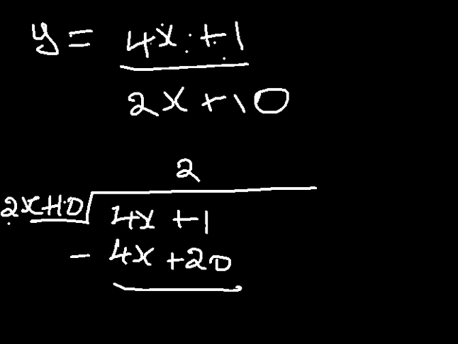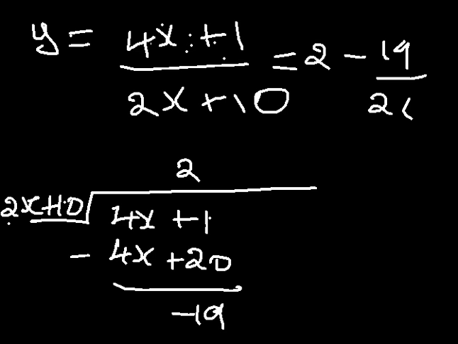Now 4x minus 4x is given as 0, and 1 minus 20, we have negative 19. So having this actual function, it is the same as having 2 minus 19 divided by 2x plus 10.